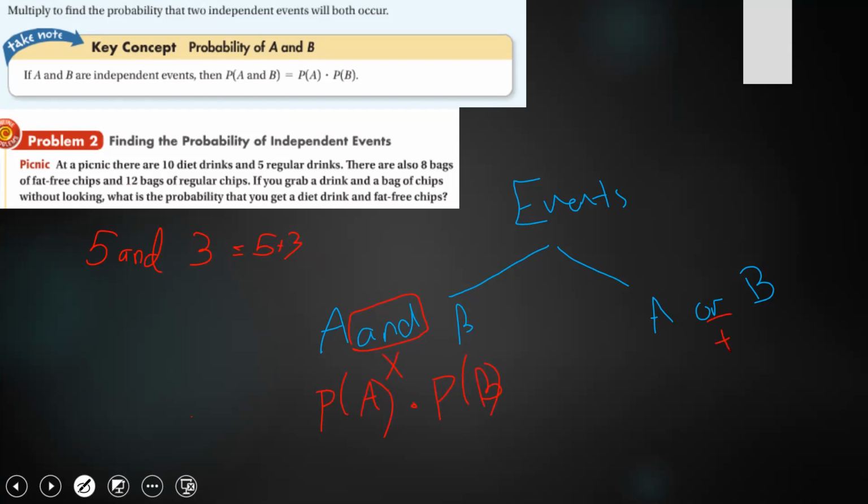We say probability of A plus probability of B. That's why, when we solved in lesson 2, when I told you probability of red or purple, we said probability of red plus probability of purple. What is the meaning of "or"? It means plus, and "and" means multiply. So I will stop here now.